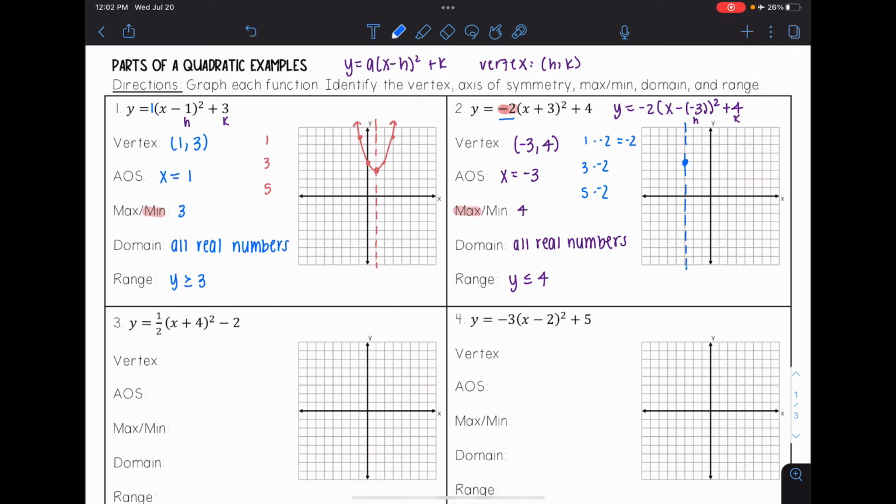So I get -2, -6, -10. That tells me that instead of going up 1 over 1, I'm going to go down 2 over 1. Then for the next one, I go down 6: 2, 3, 4, and over 1. And then draw in my parabola.